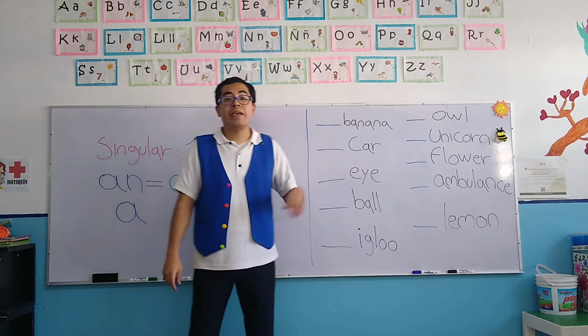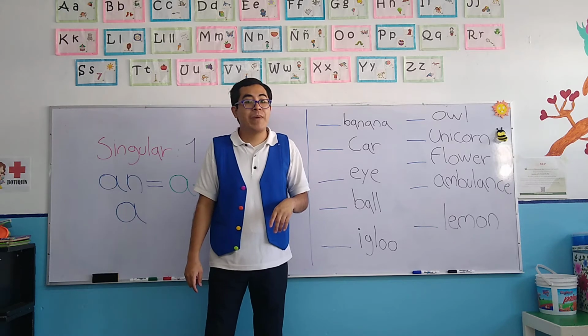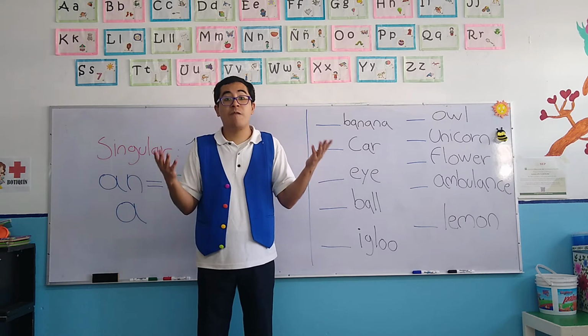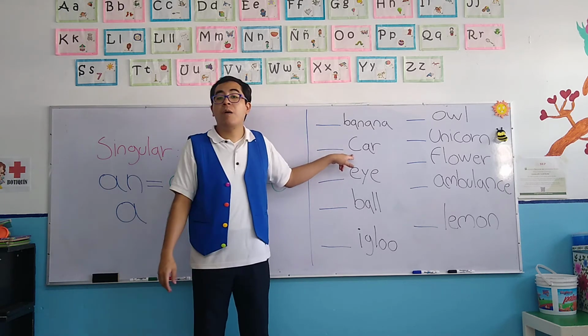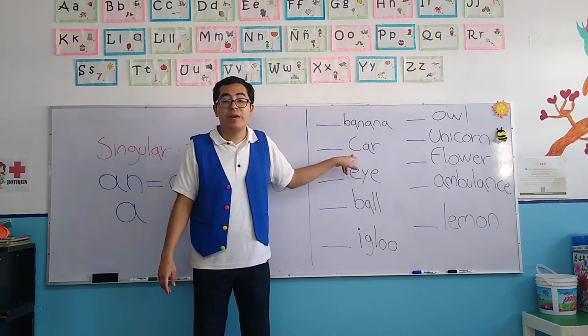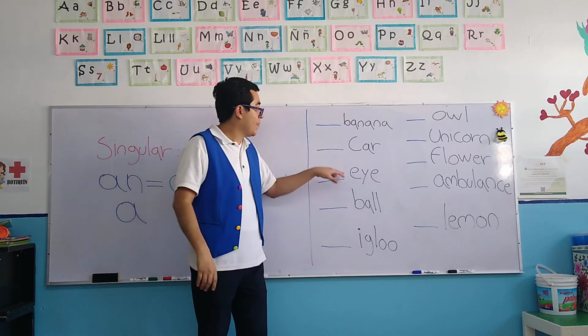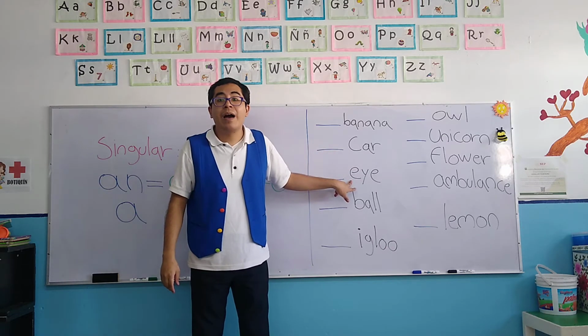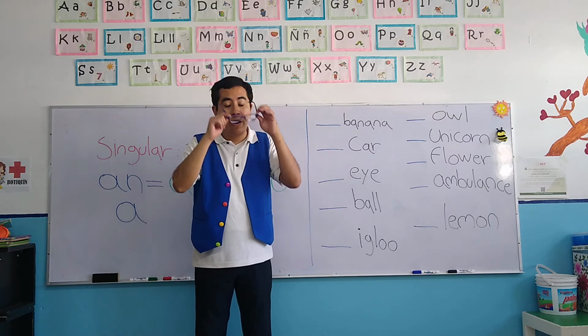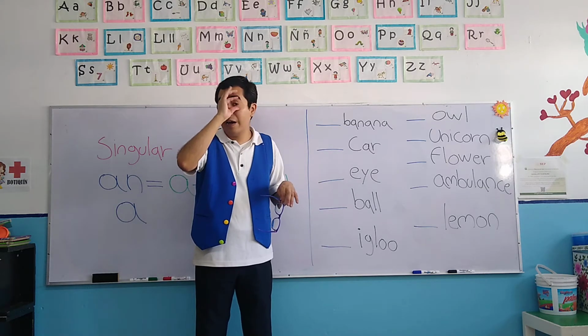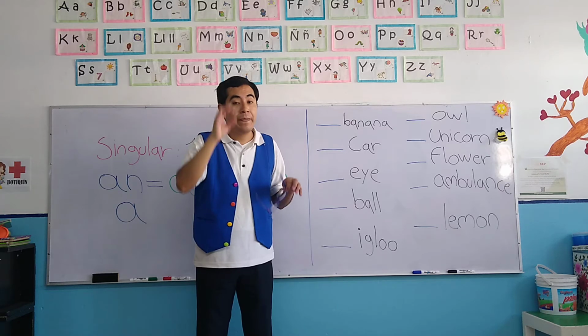The first one is a banana, okay? Bananas, remember, those are fruits. The second object is a car. Now, a car is a means of transportation that can take us to several places. The eye, it's a part of the body, and these are eyes, okay? This is the eye.